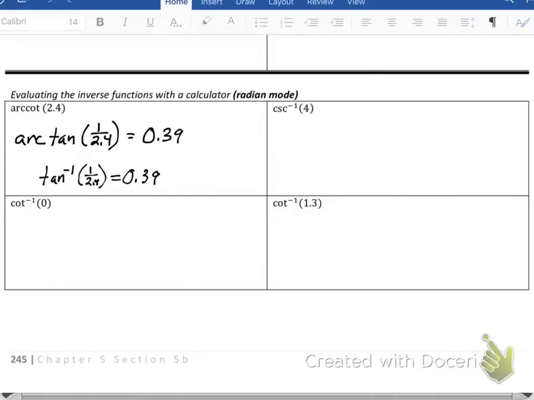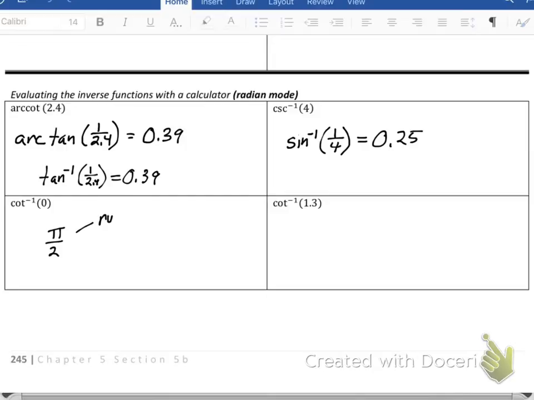For cosecant, cosecant goes with sine, so we're going to go sine inverse of 1 over 4. Sine inverse of 1 over 4, if you plug it in your calculator, should come out to 0.25. I'm just going to run through these. Cotangent inverse of 0 goes back to our rule: cotangent inverse of 0 is just pi over 2.